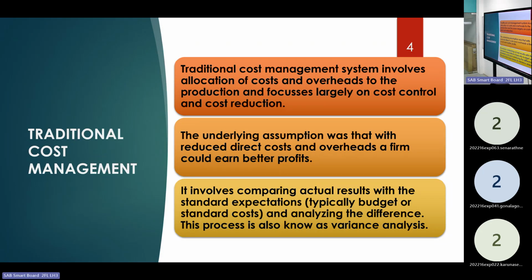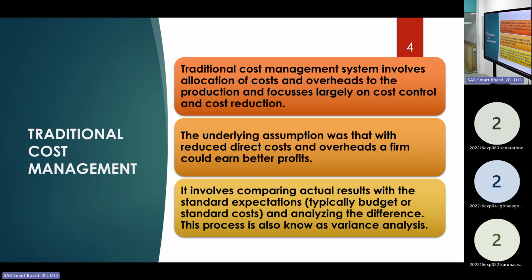Traditionally, we had three branches of accounting: financial accounting, cost accounting, and management accounting. Cost accounting provided cost information for management decision making. The traditional cost management system involves allocation of cost and overhead to production and focuses largely on cost control and cost reduction.